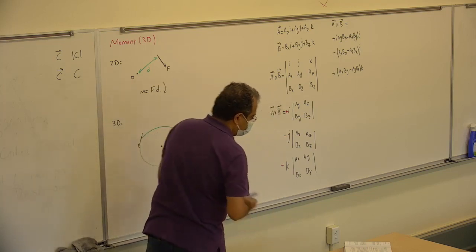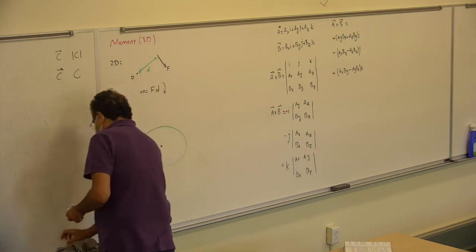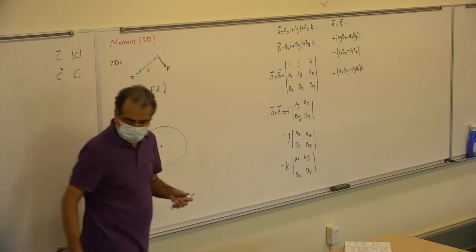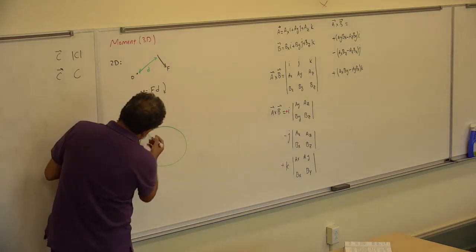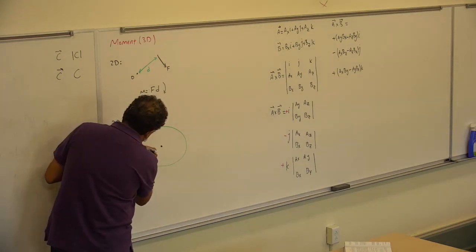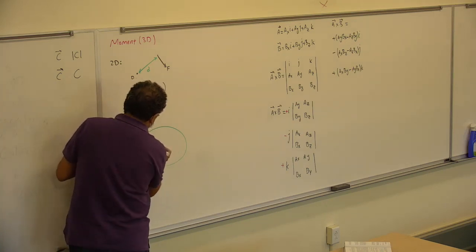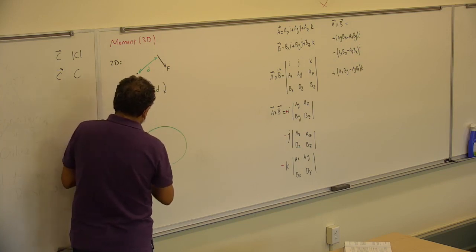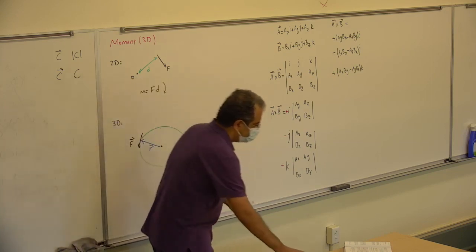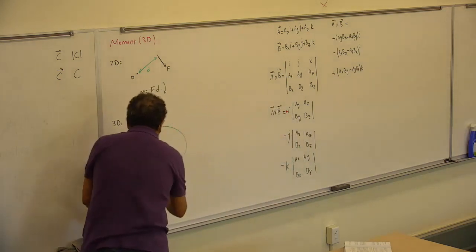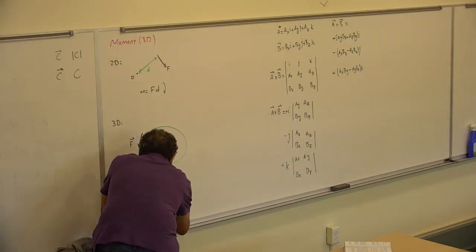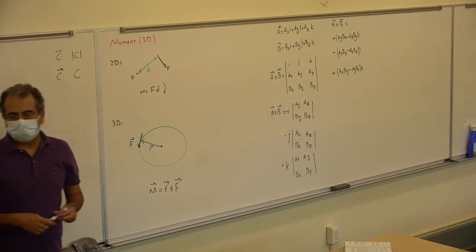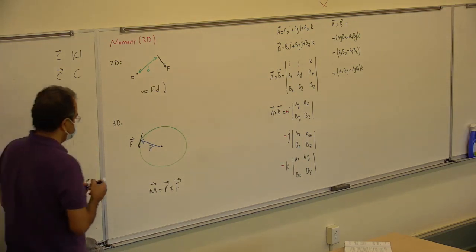That's the force F. From that point I'm going to draw R. The moment M would be R cross F.